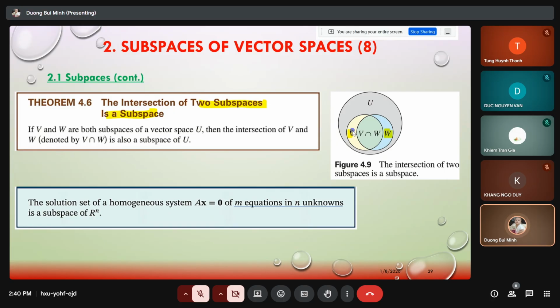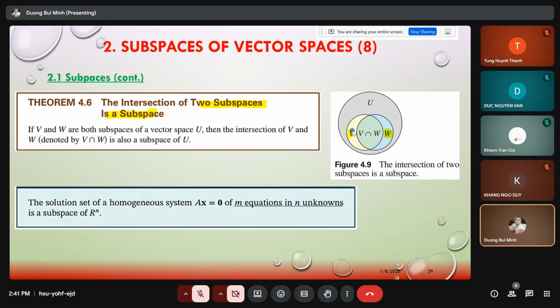The intersection between this subspace and this subspace is zero, which is also a subspace, but actually we don't need it.